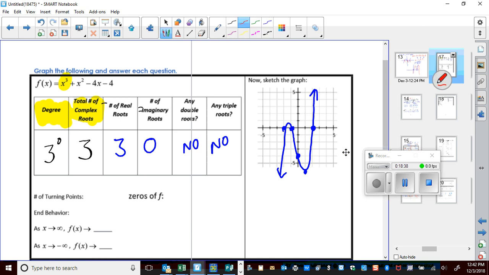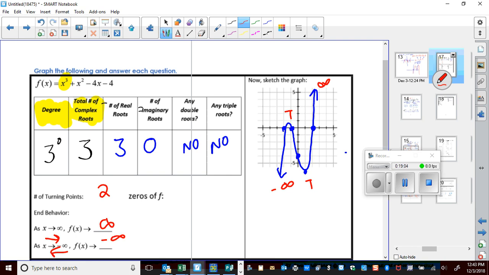Now we're on to these questions down here. This is a turning point. This is a turning point. There's only 2. This is end behaviors. As the graph goes towards the right, we're heading up to positive infinity. As the graph goes towards the left, we're heading down to negative infinity.